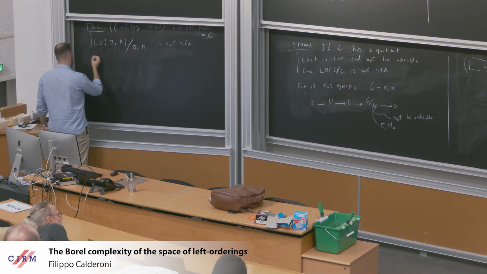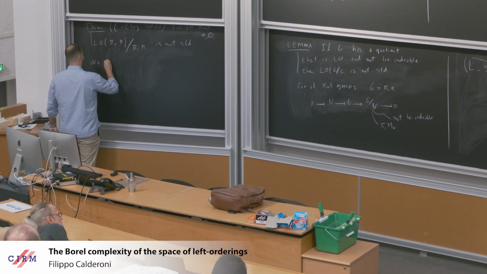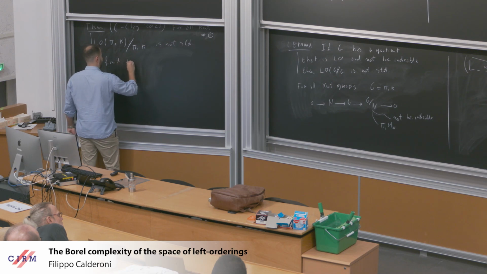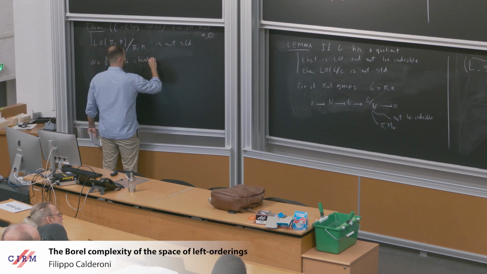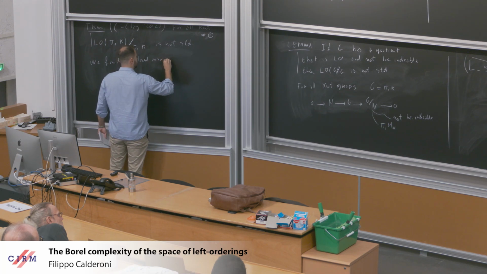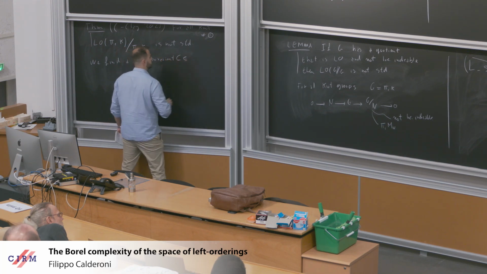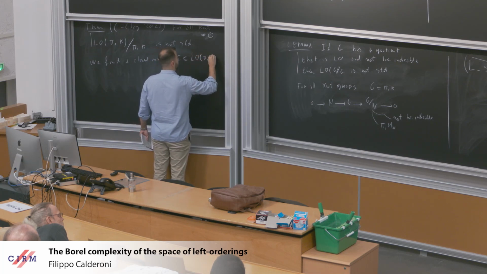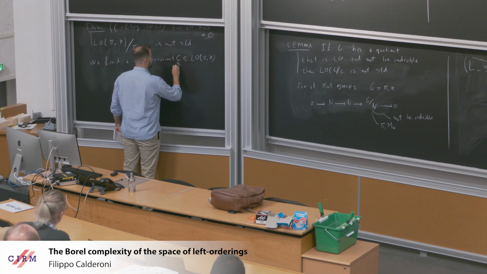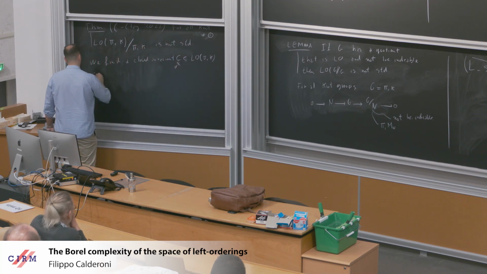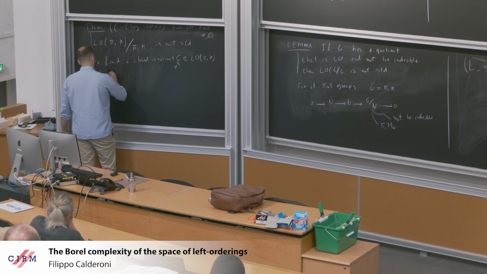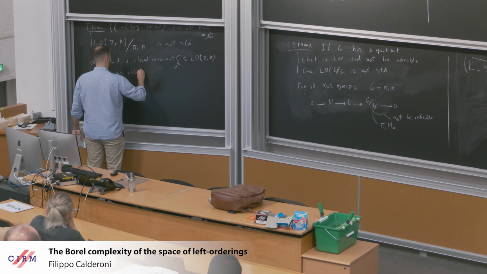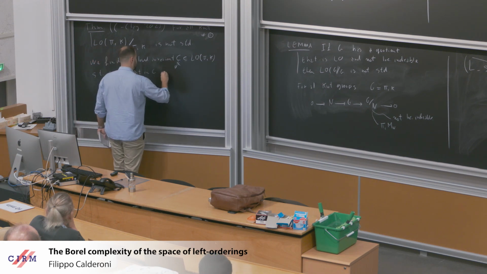The overview is that we find a closed invariant subset C of LO of pi 1 K, very important, this set is non-empty, such that every equivalence class, or every orbit, in C is infinite.